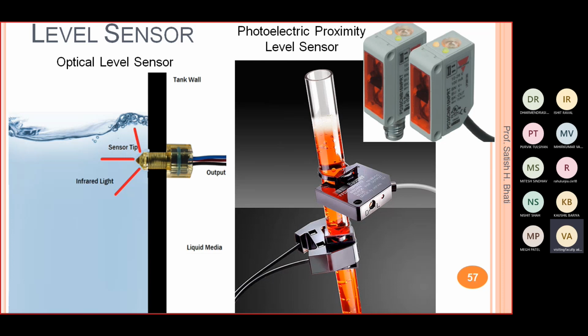So you make a tube and place a sensor at that place. When the liquid or some chemical reaches up to that point, it is considered as, for example, 1 liter or 2 liter, right? That kind of arrangement we can make in industry, like a chemical plant. In that we are using this photoelectric proximity level sensor. Okay.